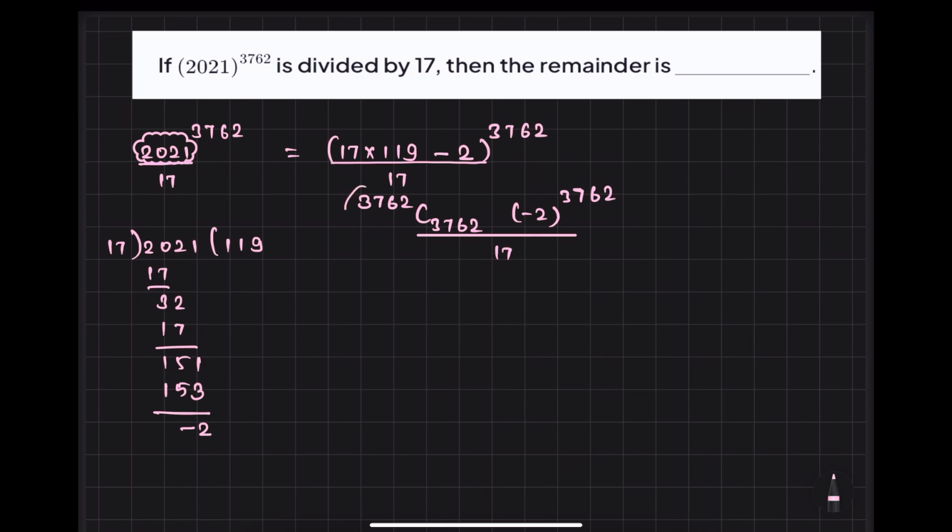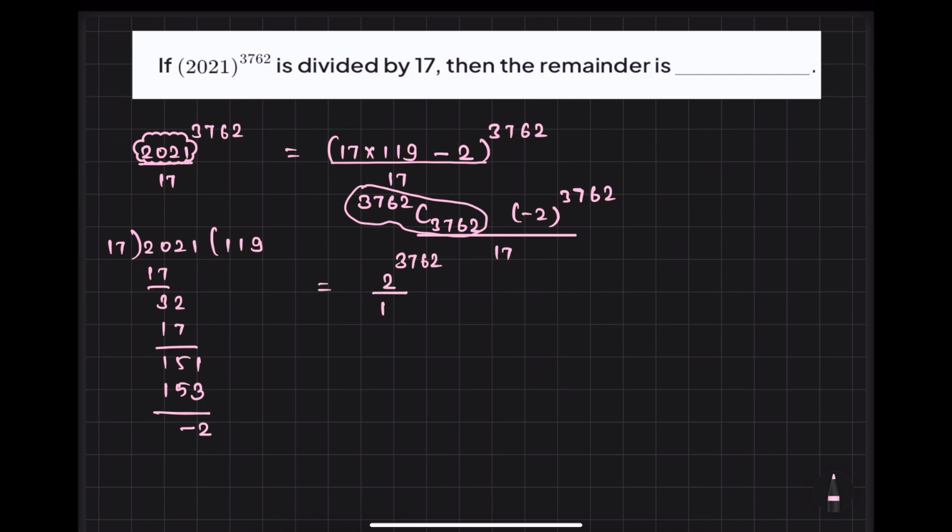Now you know that 3762 C 3762 is 1. Minus 2 to the power even means a negative number to the power of an even number will be a positive number. This means now the question is converted into 2 power 3762.